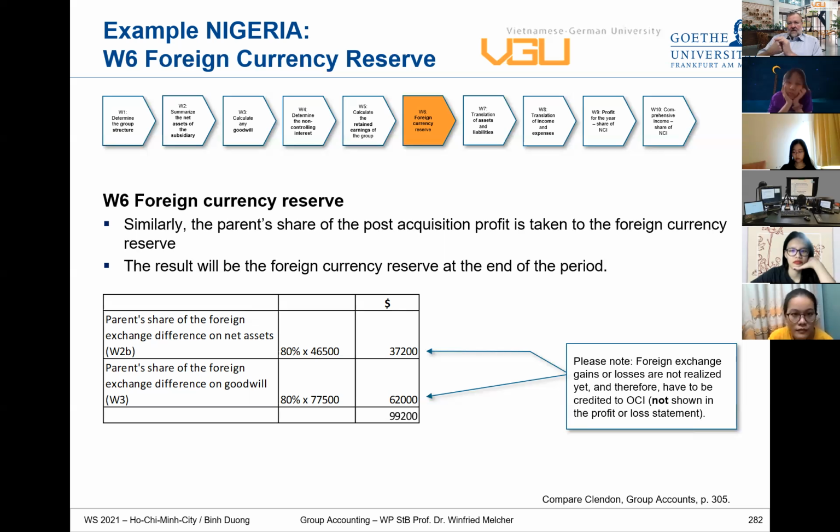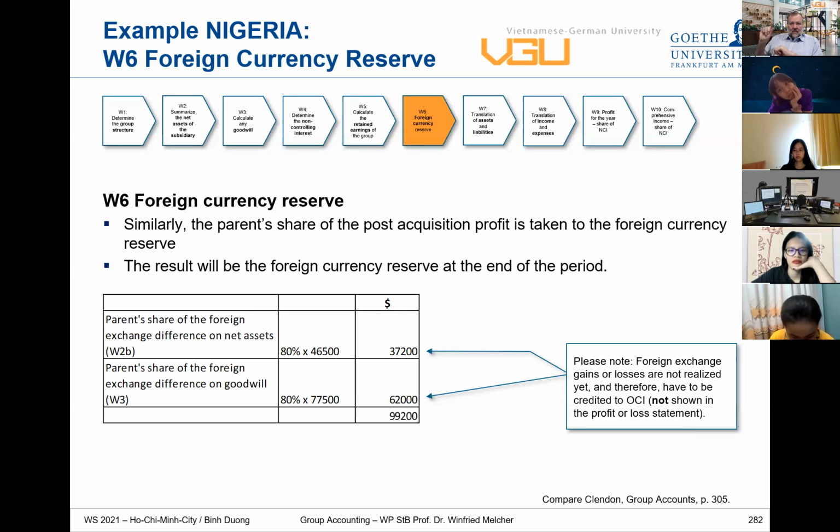Therefore, the IASB has said it is just a difference that has materialized on that particular point in time, but it may be higher or even lower in the future. So we don't know whether it is realized.